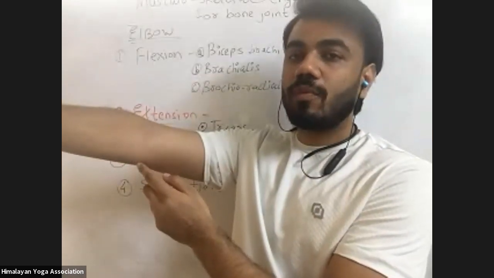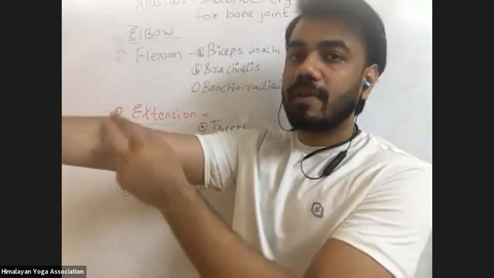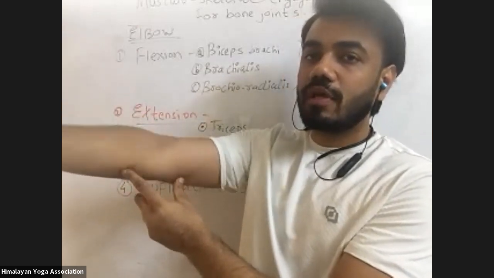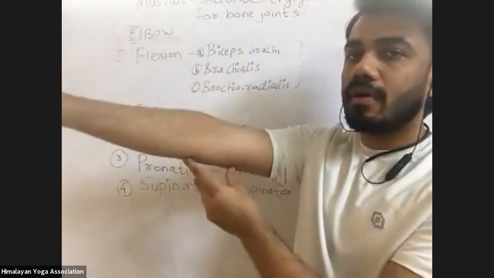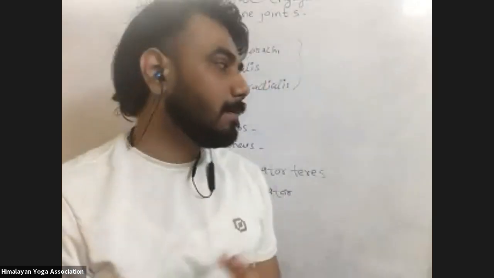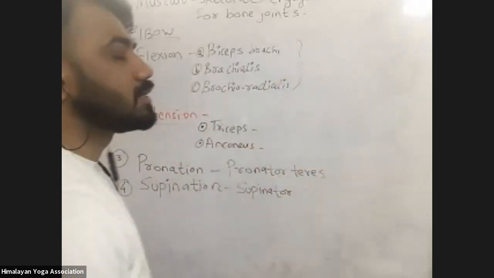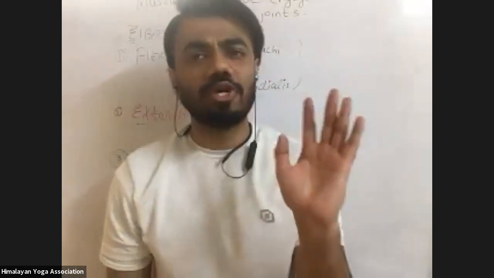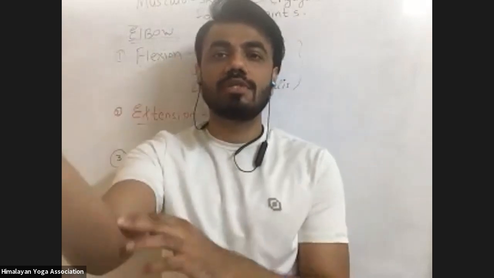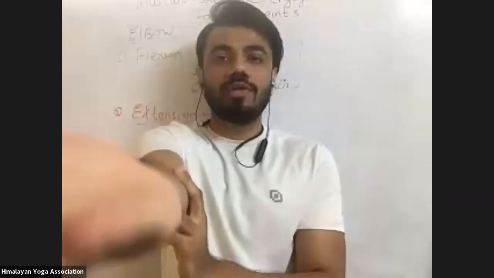The supinator muscle starts from the humerus and ulna and ends at our radius. So when I turn my palm up, the supinator group of muscles helps the palm face up. Palm facing down, pronator teres muscle. This is the elbow joint. Nothing else we have in our elbow joint. Elbow joint is only this much: flexion, extension, pronation, supination.